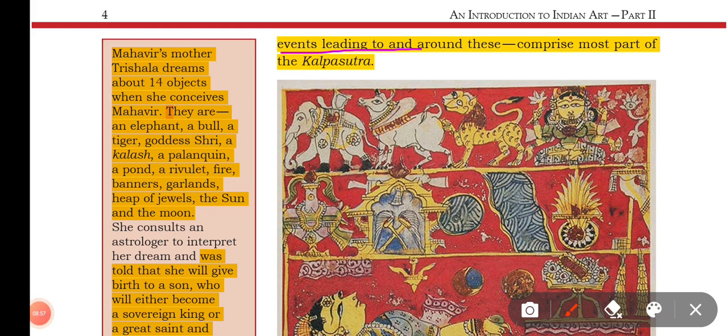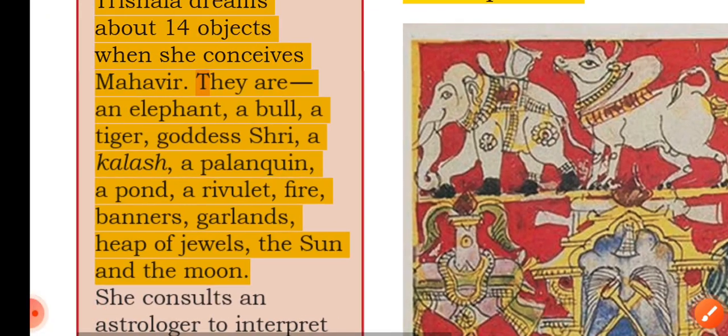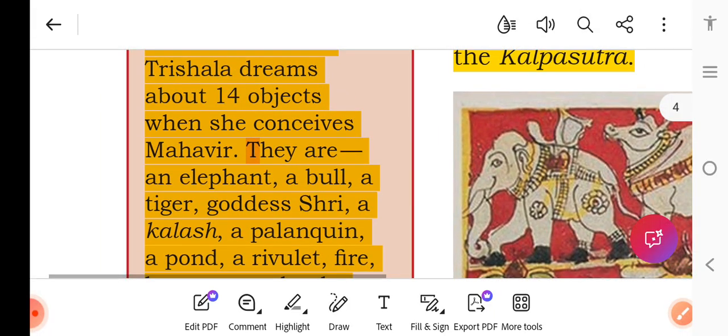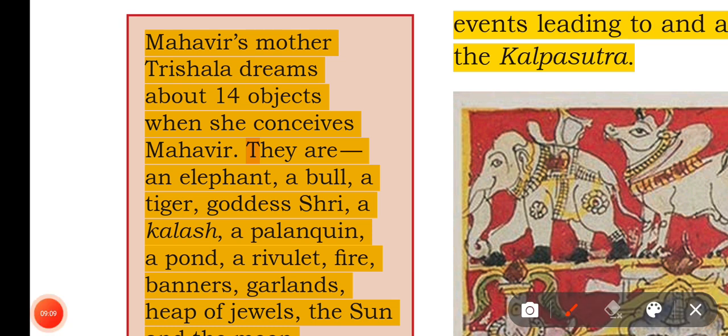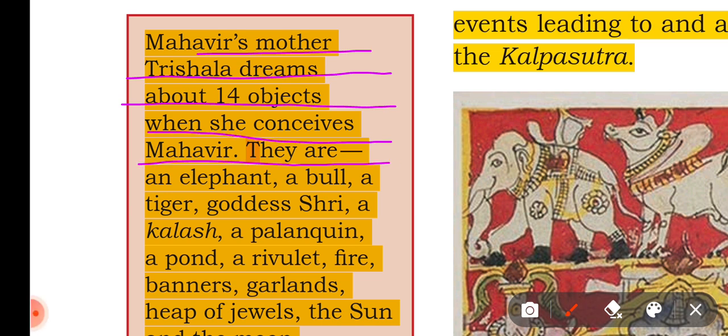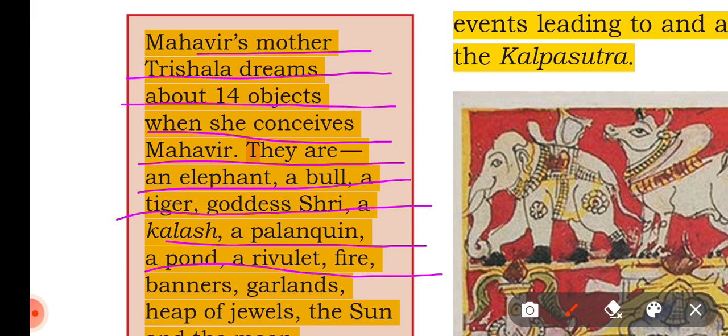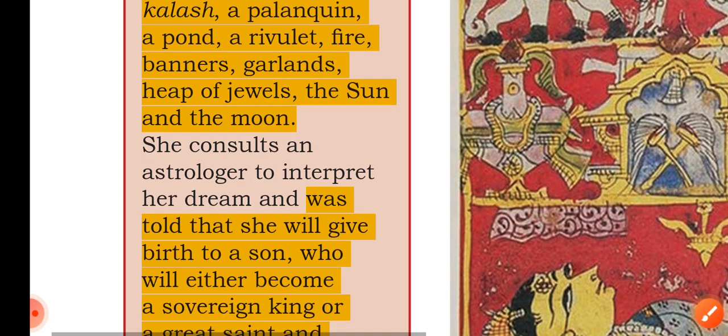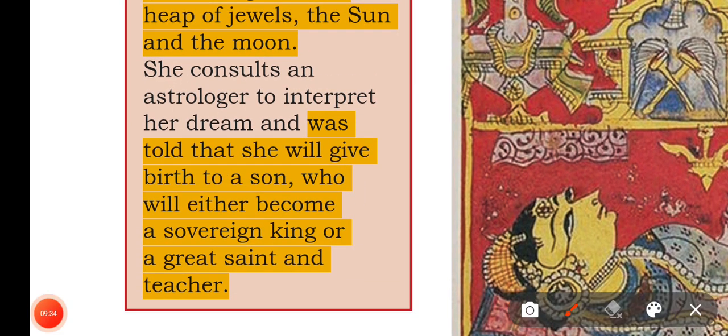events leading to and around this comprise most part of the Kalpasutra. Mahavir's mother Trishala dreams about 14 objects when she conceived Mahavir: an elephant, a bull, a tiger, goddess Shri, a kalash, a palanquin, a pond, a rivulet, fire, banners, garland, heap of jewelry, the sun and the moon.